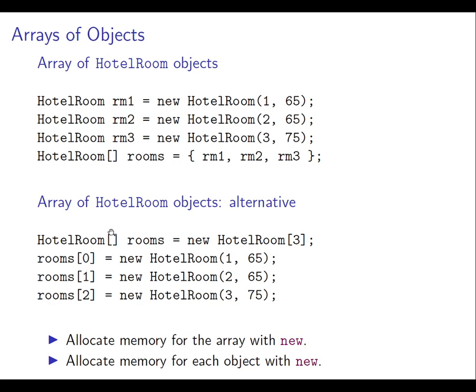Or it might be that the allocation of memory for the array happens implicitly using this curly bracket notation, rather than there being an explicit new there. But either way, there will be, in the end, memory for both things. There's going to be memory allocated for an array of object references, and also memory allocated for each object.